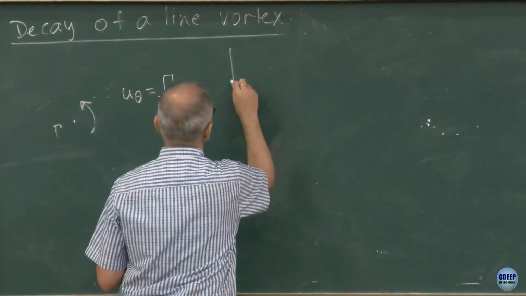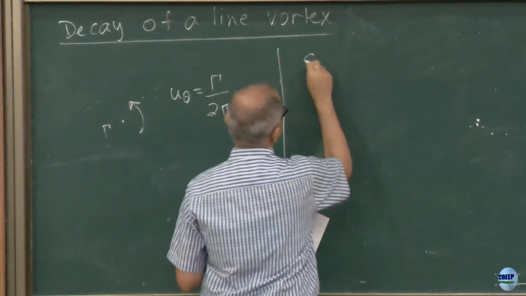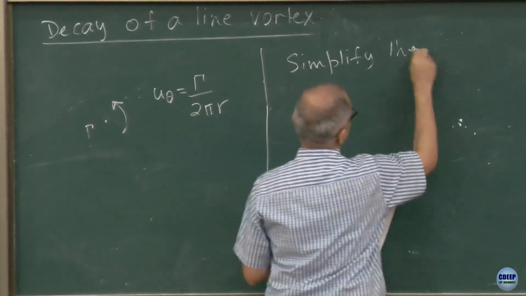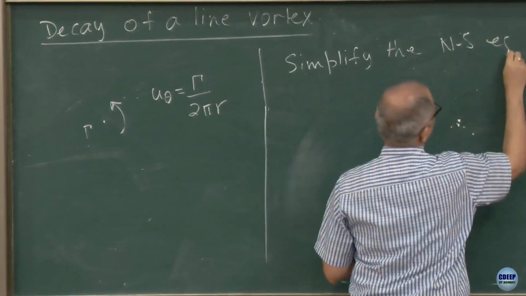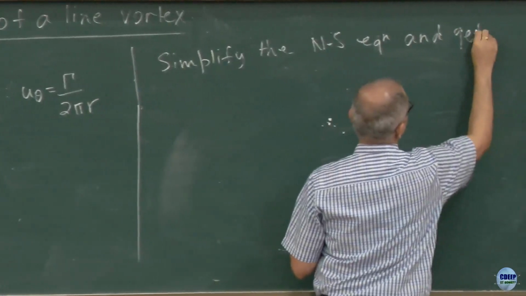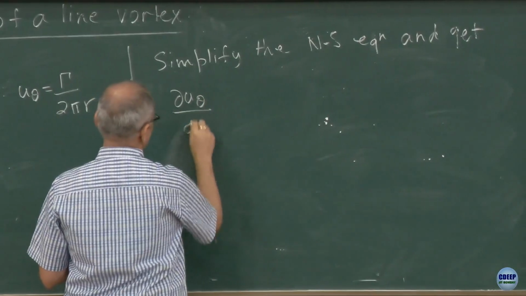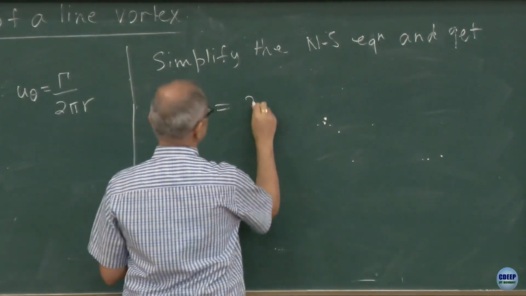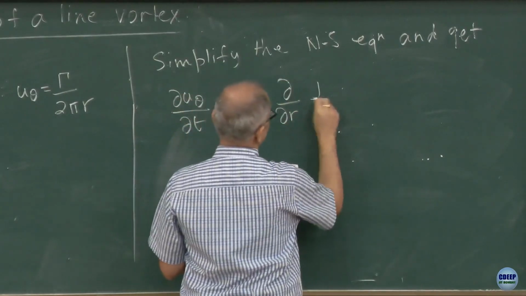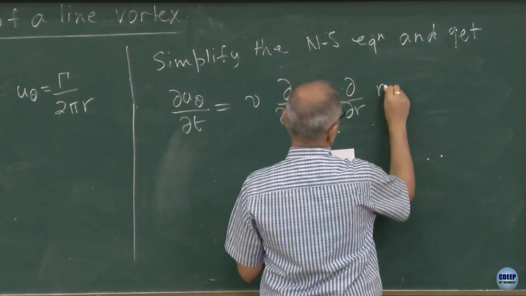There is axisymmetry, so you can simplify the Navier-Stokes equation and get the governing equation: dou u theta by dou t is equal to nu times dou by dou r of 1 by r dou by dou r of r u theta.